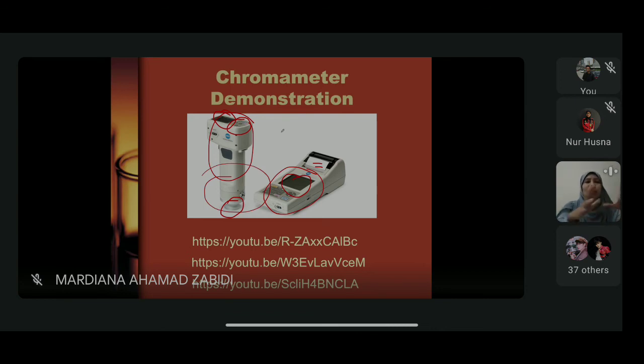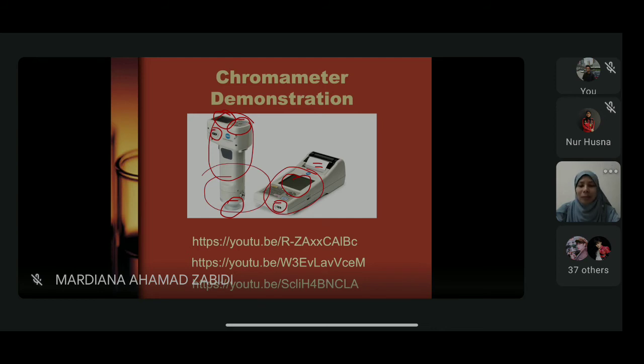Cumanya satu screen dia kecil, satu lagi screen dia besar. That's the different thing. Okay, and then at this particular part, this one ada PowerPoint, and dekat bahagian bawah ni pun ada PowerPoint. So both of this display unit and the chromameter need to be turned on before you want to measure your color. Alright, so sekejap lagi dah nak habis dah kita punya chapter 8 ni.